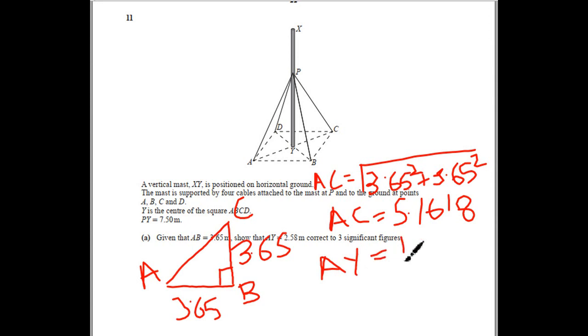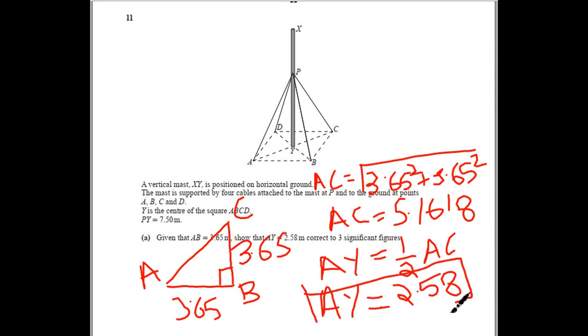Now AY will be half of AC, which will be 2.58 rounded off to 3 significant figures, and we've shown what they ask for. Right.